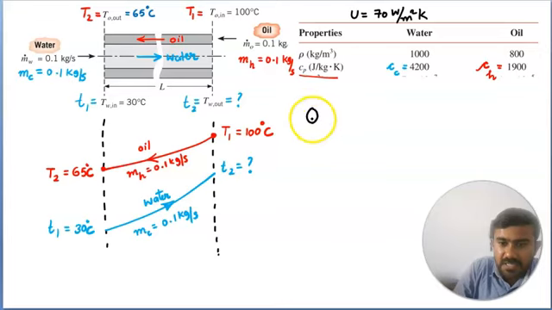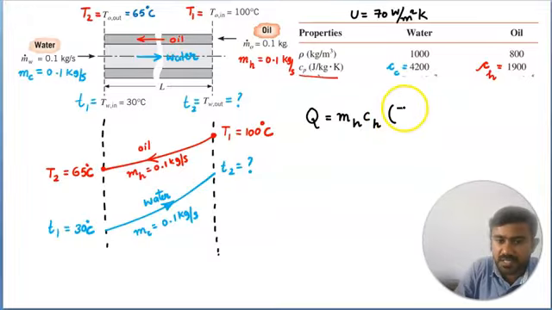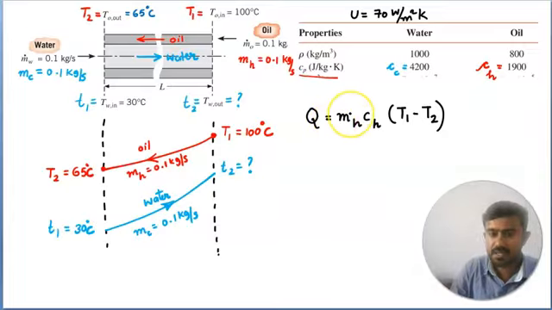I will use the heat transfer rate formula as q = m_h c_h delta T_h, which is T1 minus T2. For the hot fluid, the heat that is given by the hot fluid is given by the mass flow rate into the specific heat into the temperature difference.